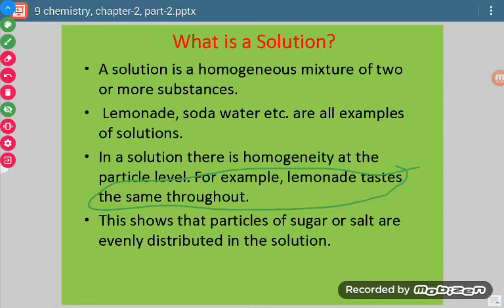It means that whatever components were dissolved for making that particular solution are distributed evenly. There is even distribution of all the components.